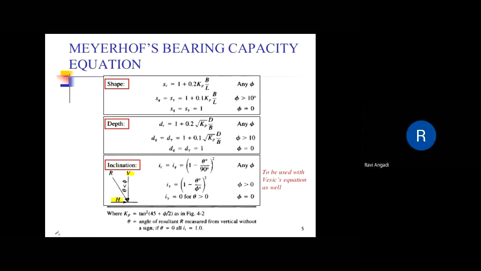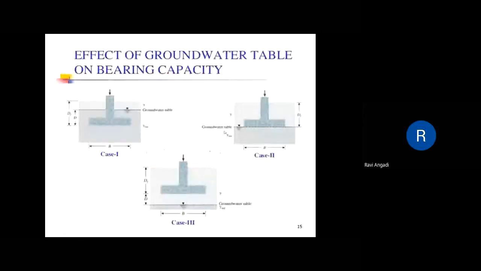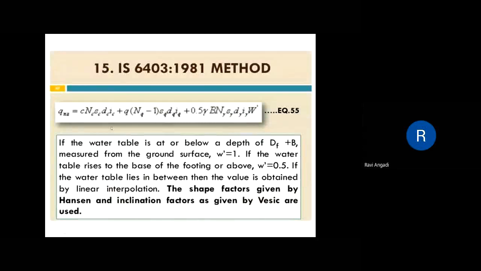These are just the IS code methods, and this formula you remember. See here, read: if the water table is at or below the depth of Df plus B, that is, the depth from the ground level plus the depth below the footing, measured from the ground surface, then W dash is to be taken as 1. This is the water table correction factor.